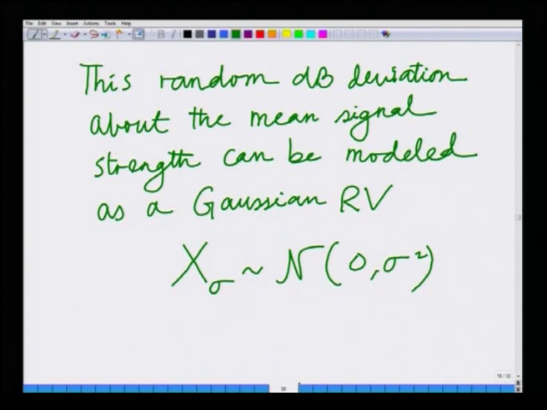What we are saying is basically that this random deviation can be modeled by a Gaussian random variable with 0 mean and variance sigma square.